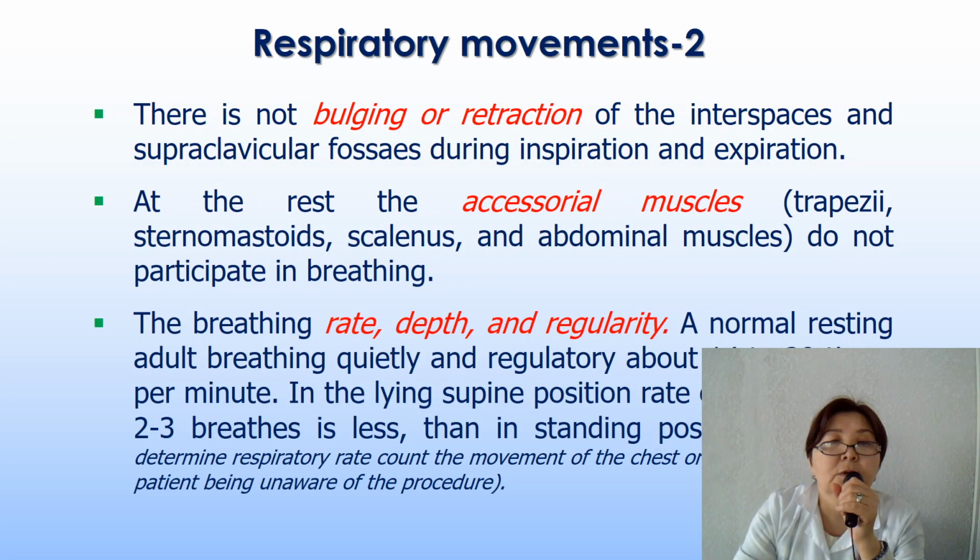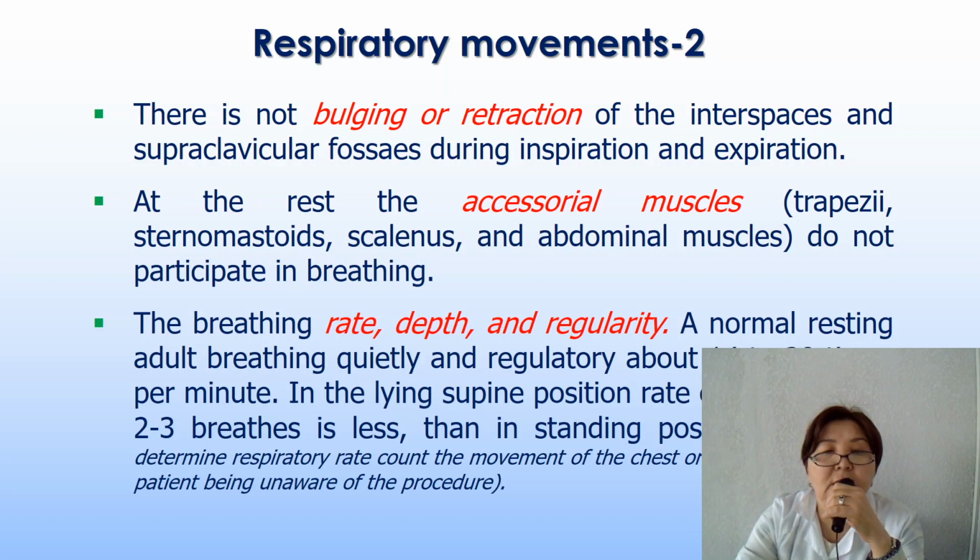There is no bulging or retraction of the interspaces and supraclavicular fossas during inspiration and expiration. At rest, the accessory muscles, musculus trapezius, musculus sternocleidomastoideus, musculus scalenus, and abdominal muscles do not participate in breathing.